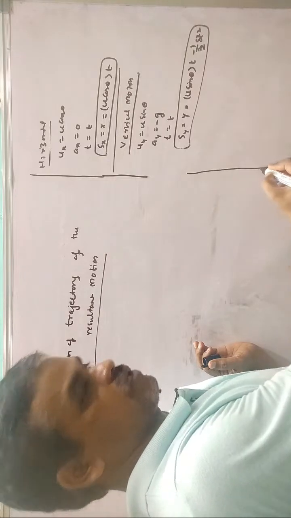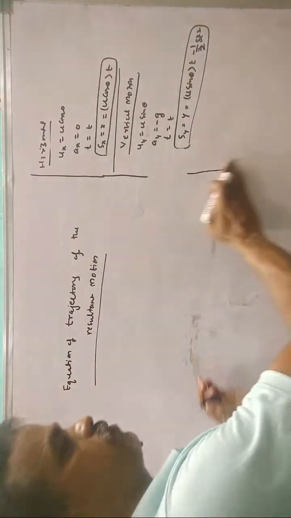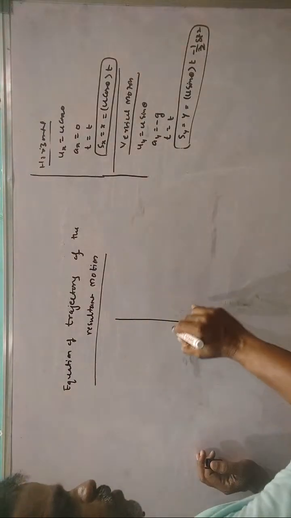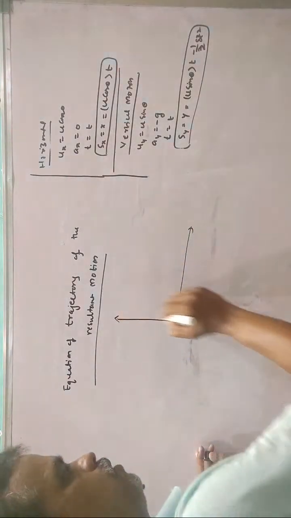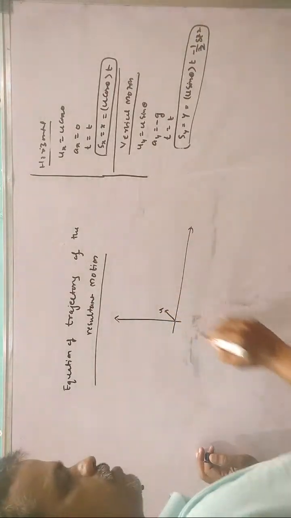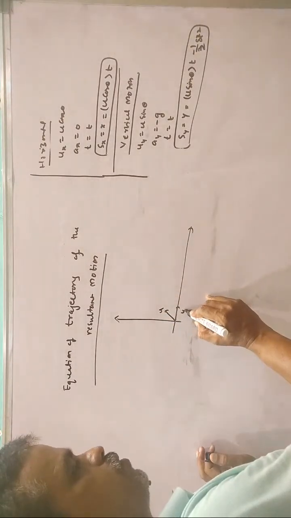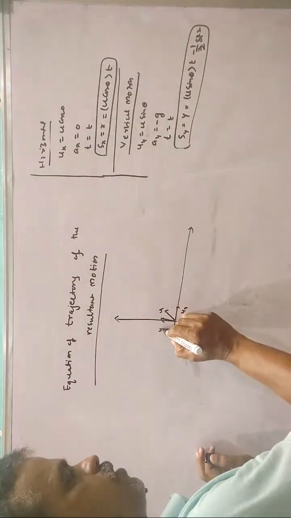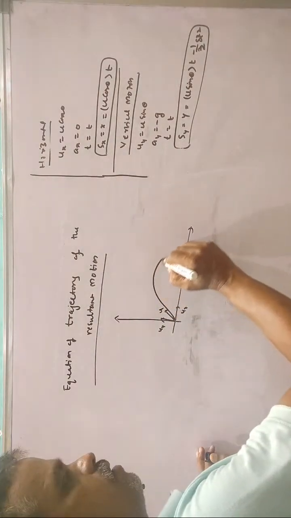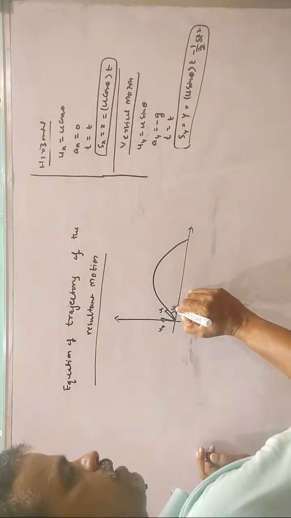See, in oblique projection, what happens here? The body starts with initial velocity u, along x component ux, along y component uy. It is going like this, making angle theta.